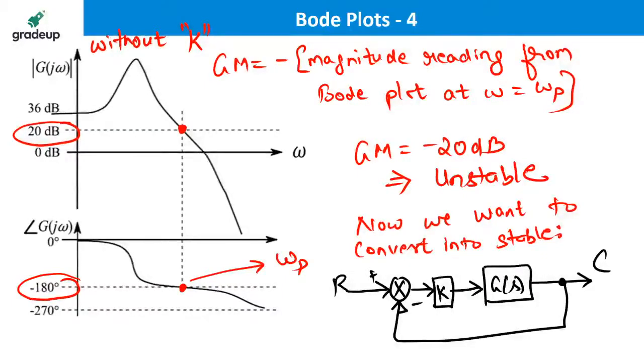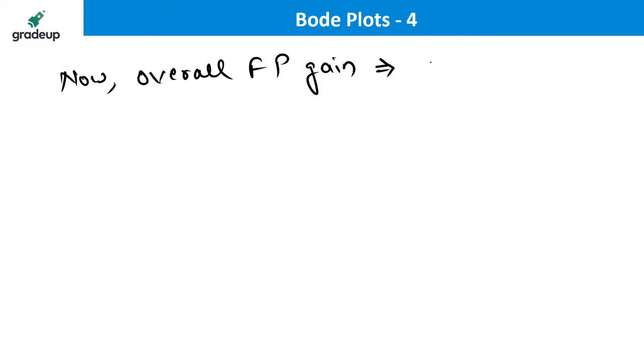So now what is the overall forward path gain? Yeah, Zishan, correct answer. Overall forward path gain will be written as K into GS.